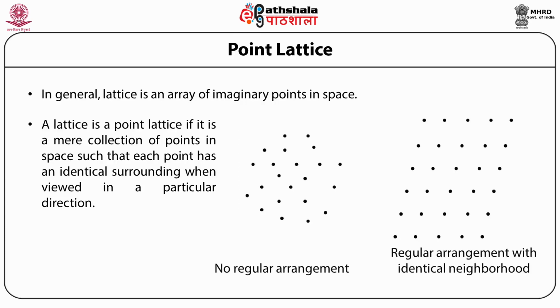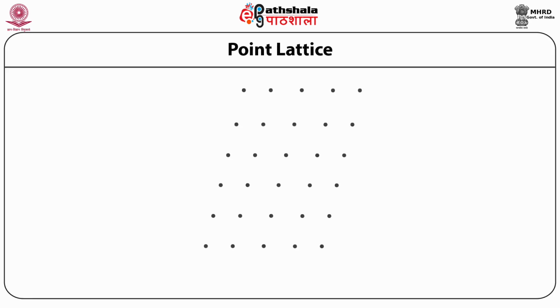As you can see from the figure, on the left hand side you are seeing no regular arrangement, whereas on the other side there is a regular arrangement with identical neighborhood. So, a 3D translationally periodic arrangement of points in space is called a lattice. This figure shows an example of a point lattice where there is a periodic array of points in space with each point having an identical neighborhood.